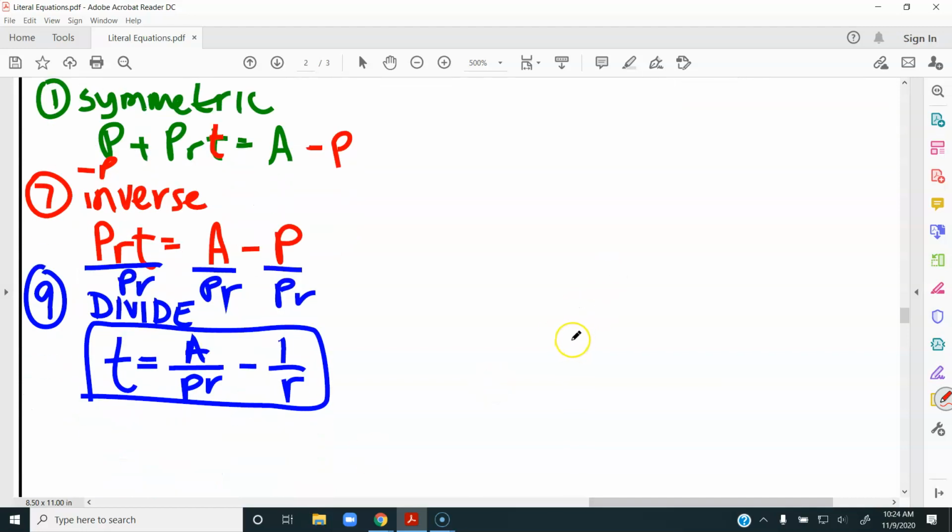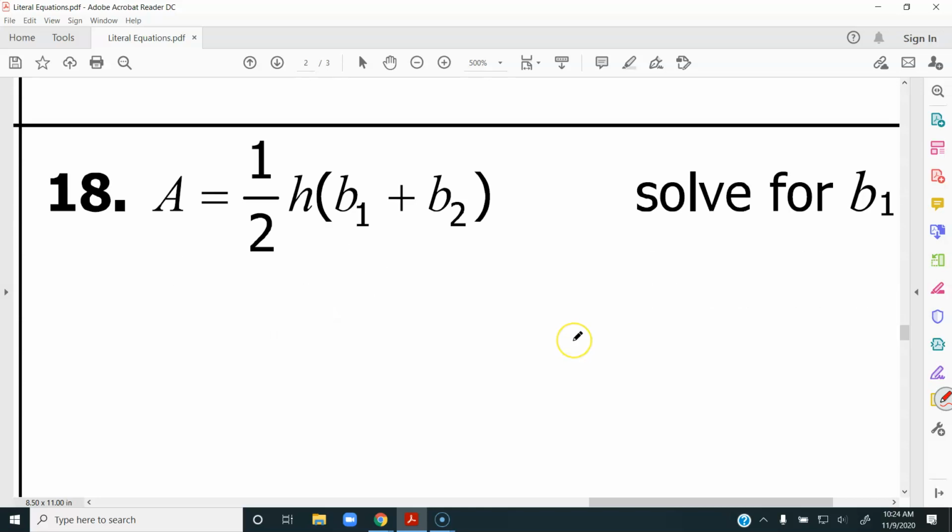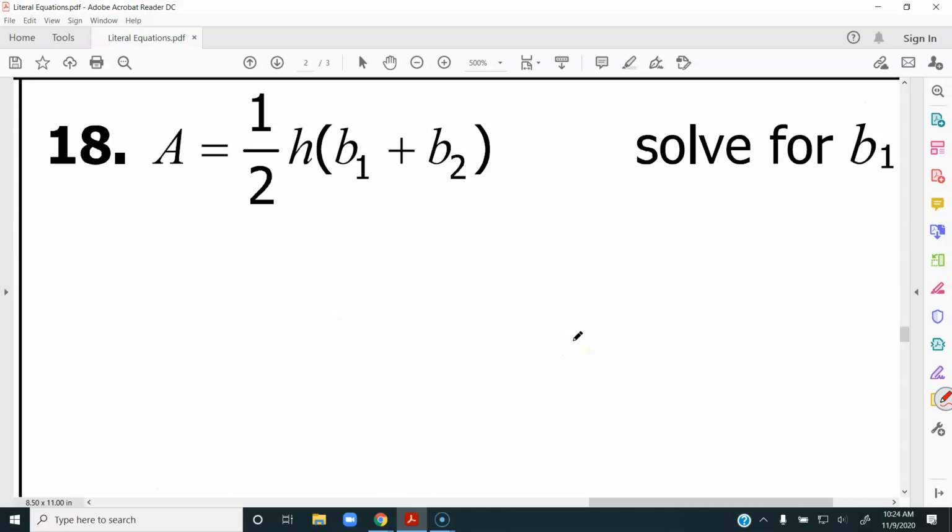Now, number 18 is the final problem that we have. This one looks very difficult. It's really not terrible. We're going to be solving it for B1. Okay, now, we're going to still go through our step-by-step process. We're going to use the symmetric property. Then we are going to use the multiplicative property.